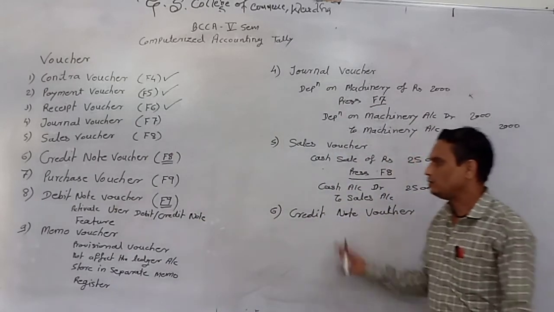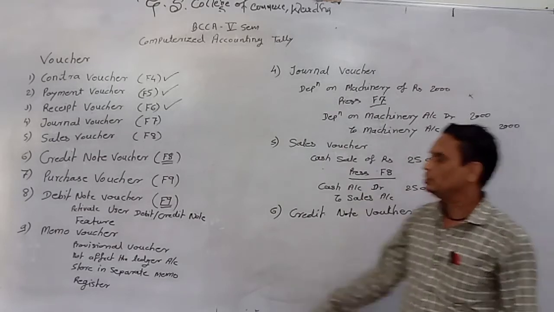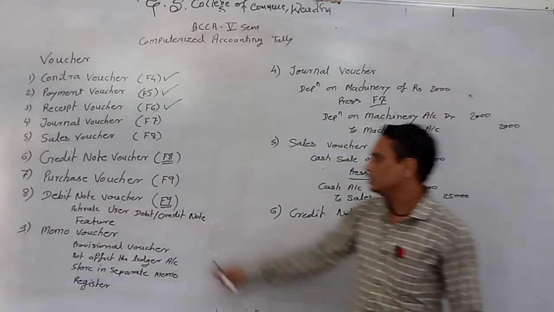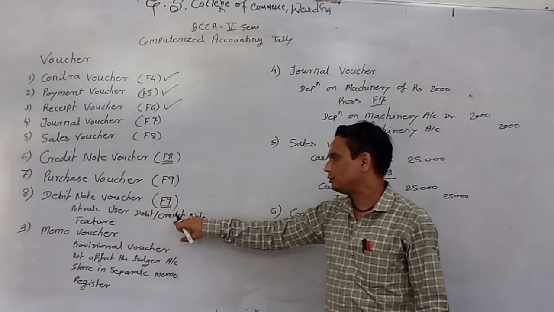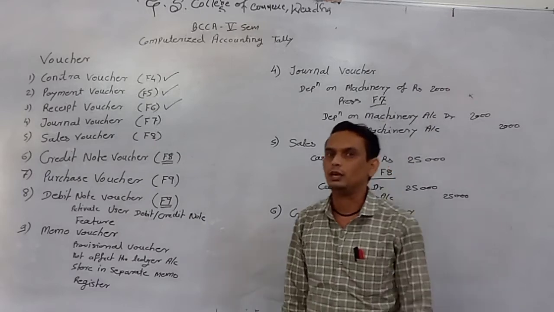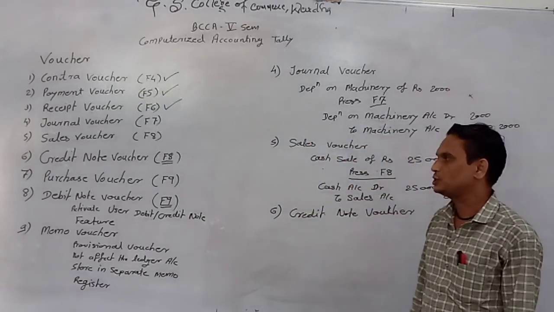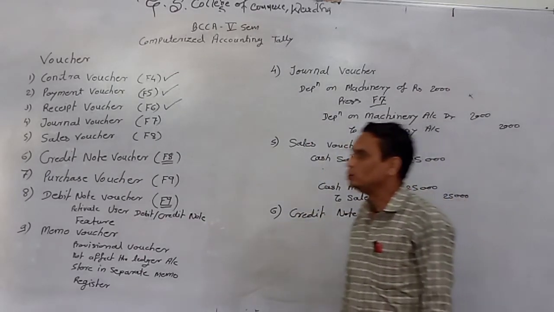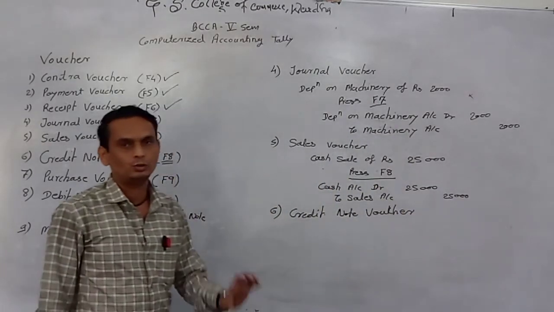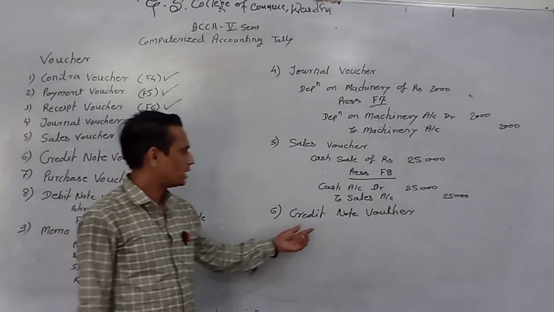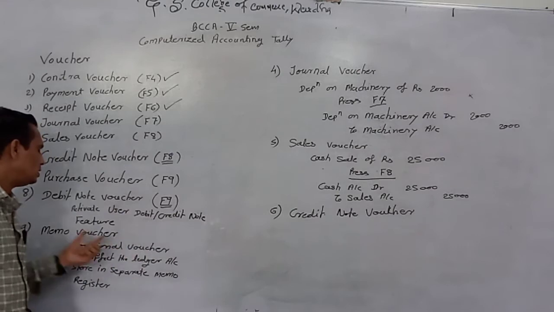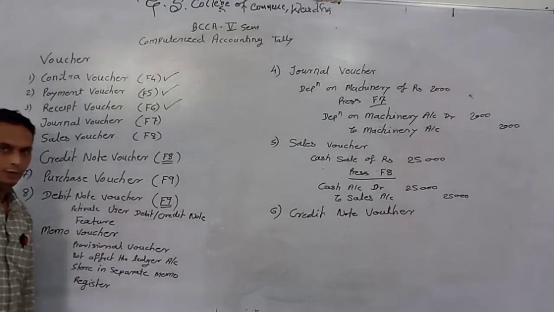We should activate it by using the company feature, and that company feature is use debit credit note, set to yes to activate them. After activating this option, the credit note voucher and debit note voucher will be activated in our voucher screen. So debit credit note should be activated in the company feature menu.